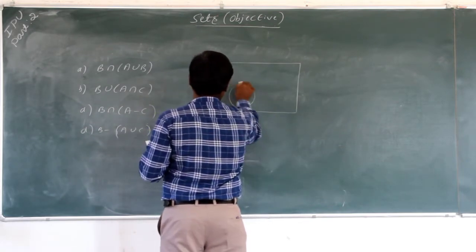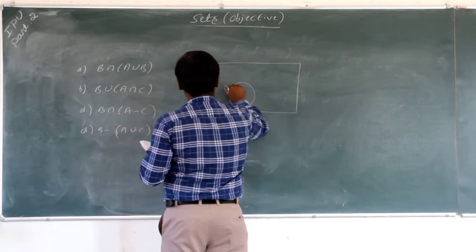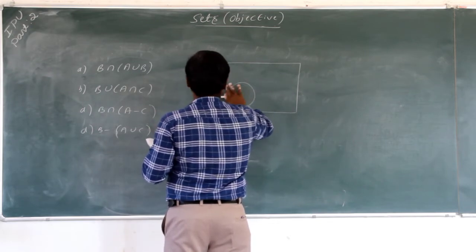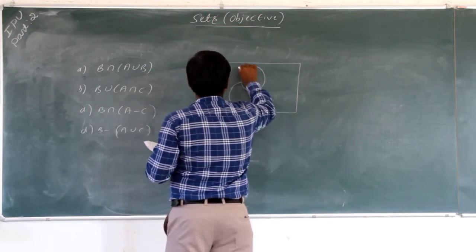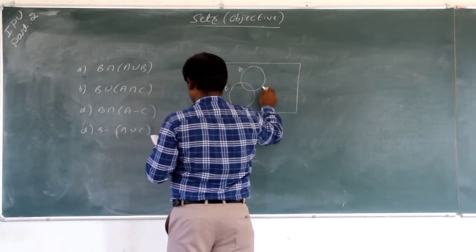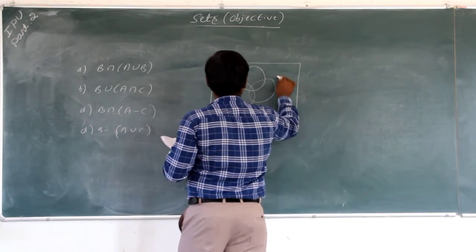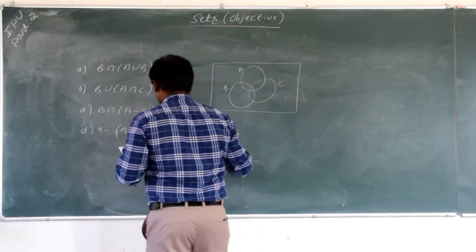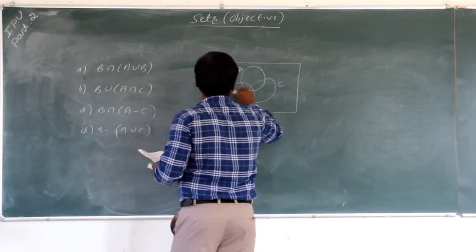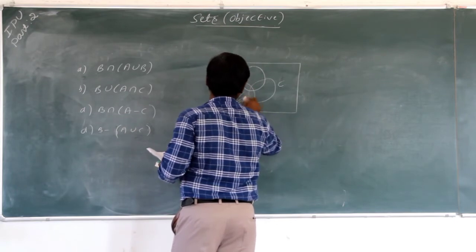This is set A, this is set B, and this is set C. The shaded region goes like this.